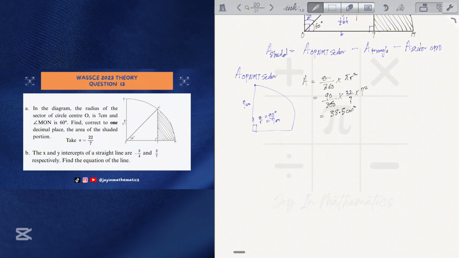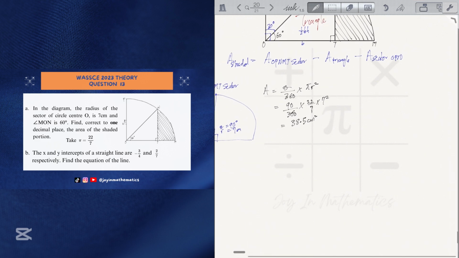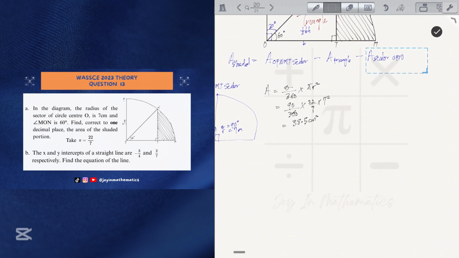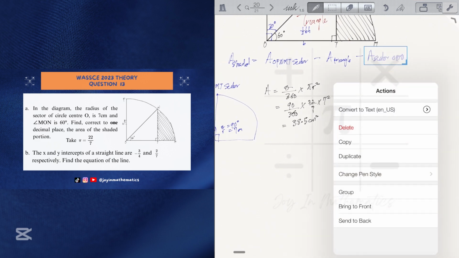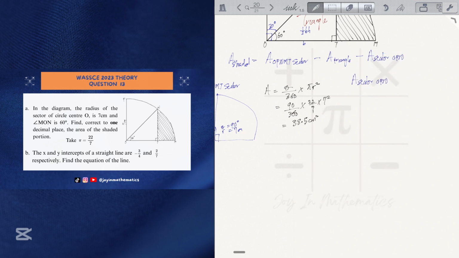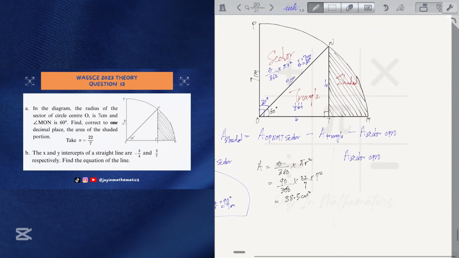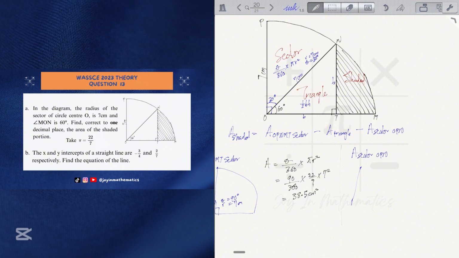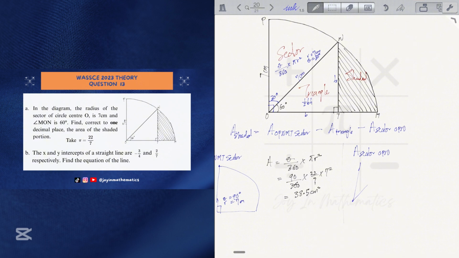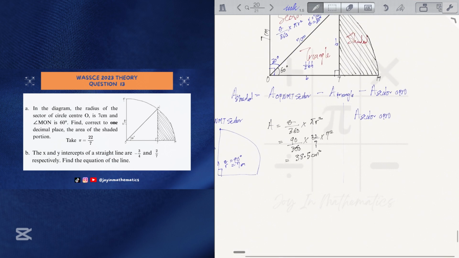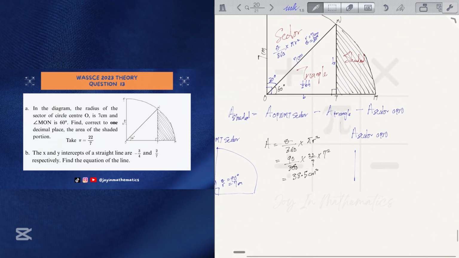Now let's proceed further to the area of sector OPN. So let's duplicate this and find the area of sector OPN. We are looking at the sector OPM that looks something like this. It's right angled.